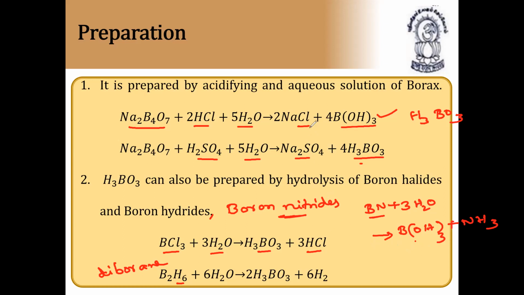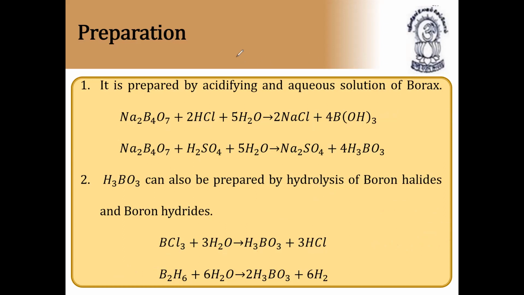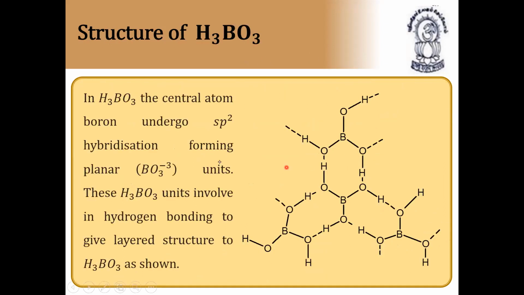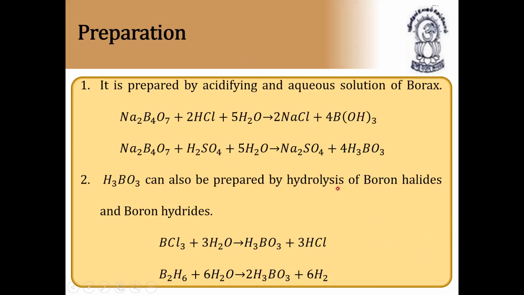And next it is also prepared from colemanite. So the structure of boric acid comes later. The third preparation I will add up here so that it will be easy for you to identify. Third preparation is nothing but from colemanite.